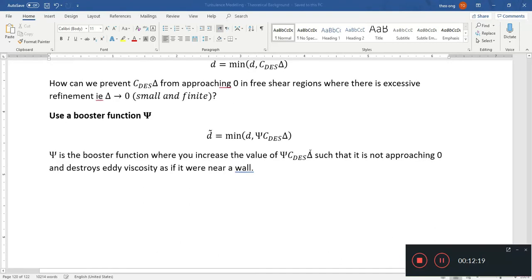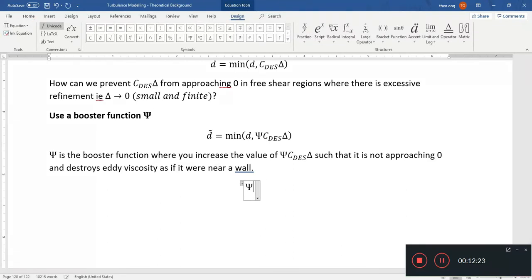When I say booster function, the typical value of psi should be greater than or equal to 1. When psi equals 1, there's no correction at all. But if you have this excessive grid refinement, this psi should be more than 1, in fact, many times of that.